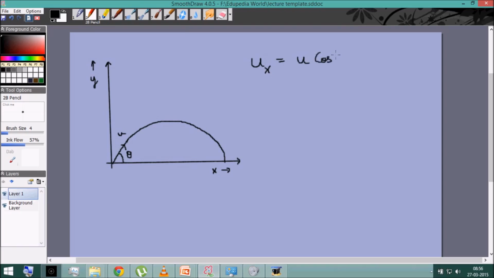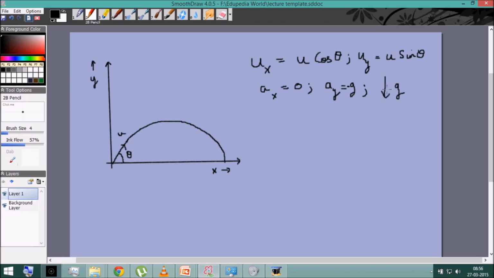The general problem which is given to us is, we throw an object with the speed u at an angle theta with the horizontal, and we'll try to solve it on the standard scenario in which there is gravity acting in the vertically downward direction and no acceleration in the horizontal direction. So the net motion of the particle would be something like this. This is what we would call projectile motion, and we see that it's not along a straight line. In fact, it's in a plane, the xy plane.